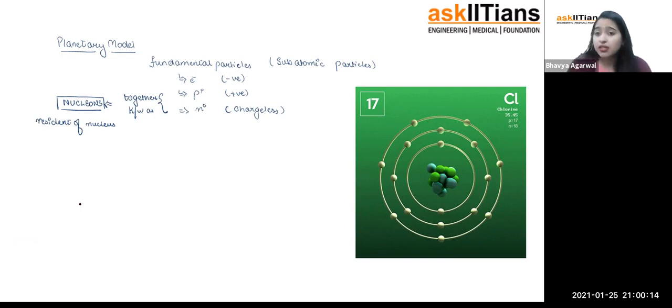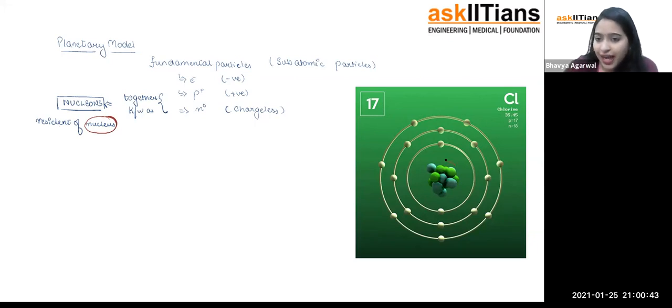In the solar system, it is the sun which is the basic body or the heavy body around which all the planets are moving, right? So that is the major body, or the central point or the reference point. Just like that, in an atom, the reference point is the nucleus. That is the central point.